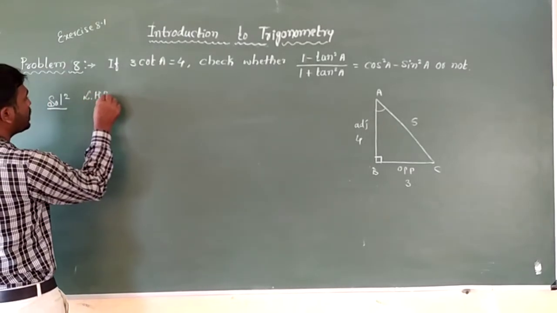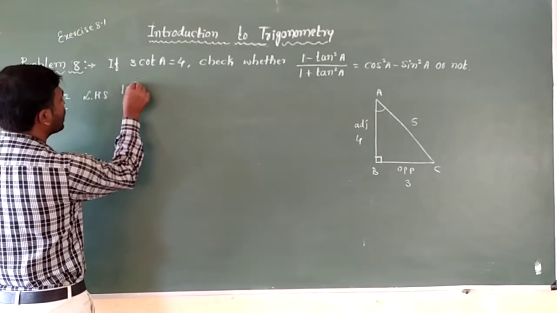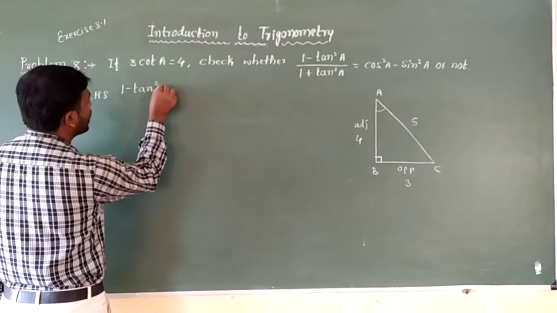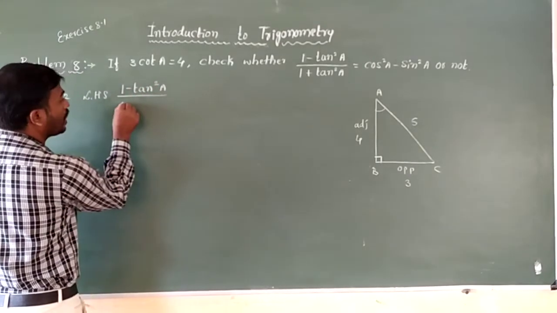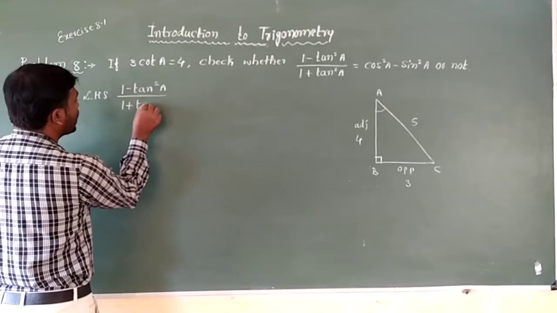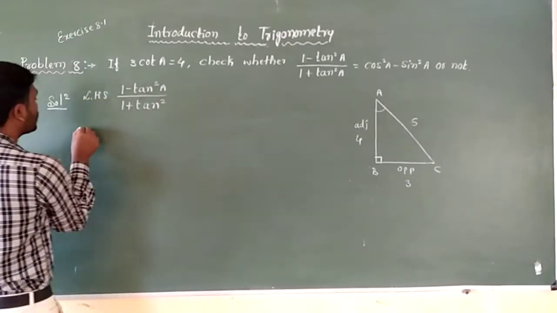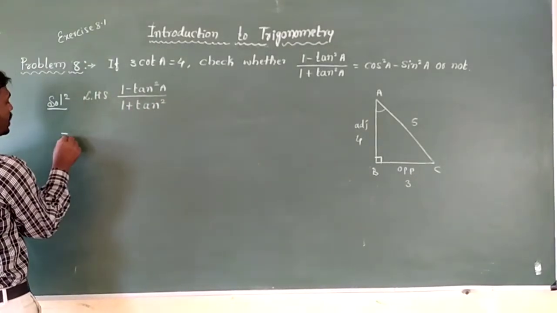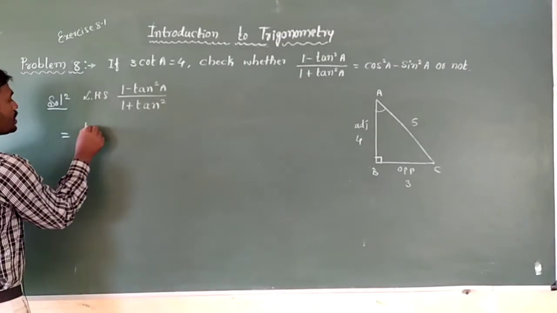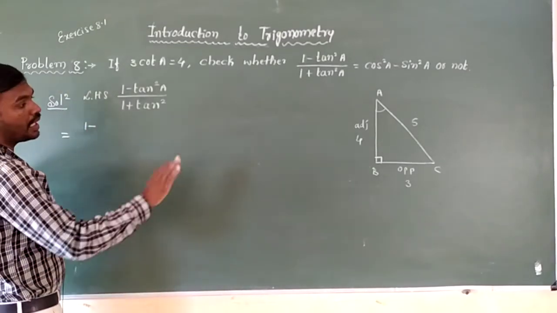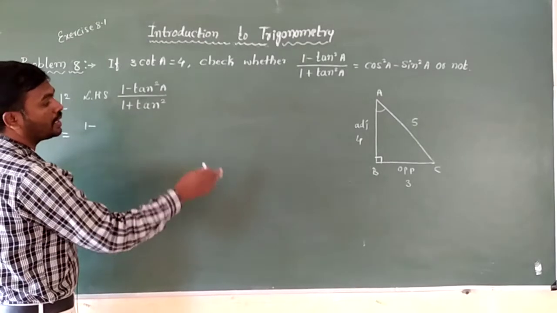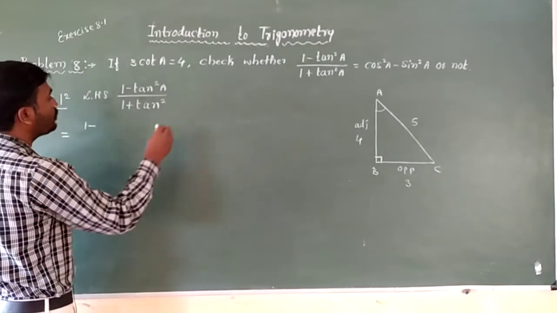Here LHS is 1 minus tan square A divided by 1 plus tan square A. So this is equal to, children, 1 minus tan. What is the tan here? Tan is opposite by adjacent, which is 3 by 4.